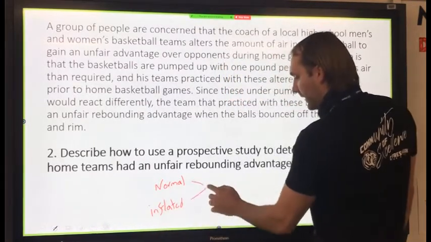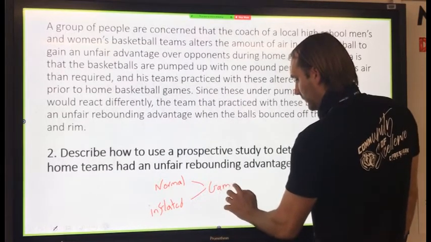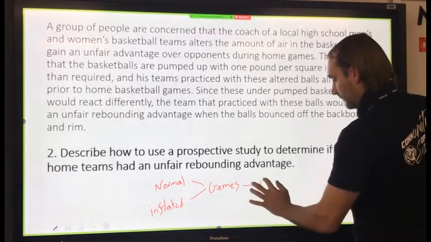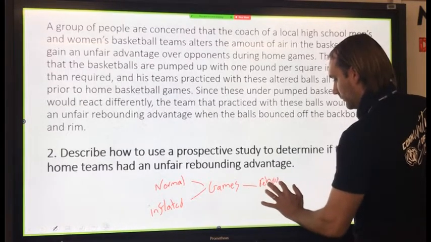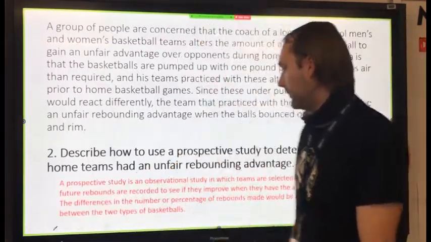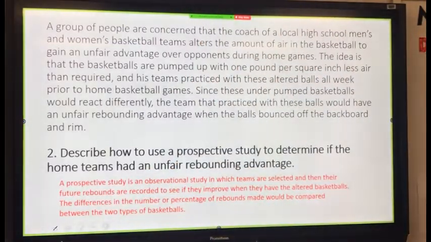And then we're going to have games. And then what are we going to look at? Yeah, the rebounds. Very good. So a prospective study is an observational study in which teams are selected and then their future rebounds are recorded to see if they improved when they have the altered balls.